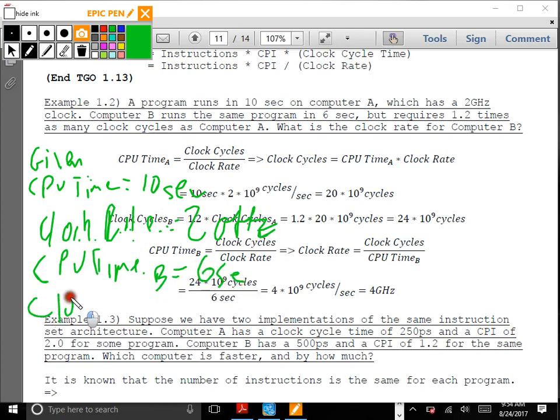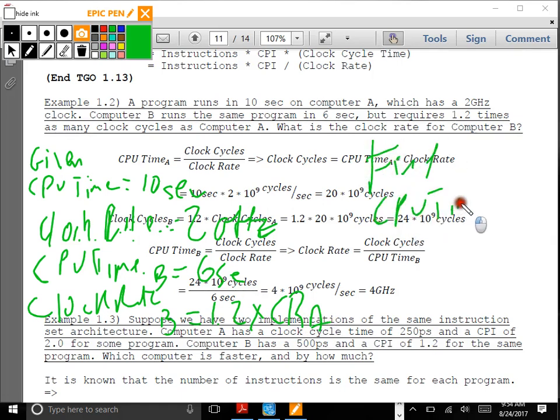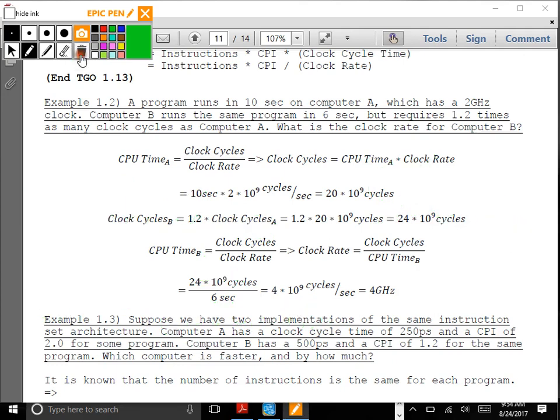And we knew clock rate of B is equal to 1.2 times clock rate of A. So from there, you can actually derive these equations, and then you find CPU time of B. Whenever I took exams back in the day, that's how I would do it. Just lay out the given and find, write them in the units, and then go, oh, hey, this is what will come out. Does this make sense? Is there anything about this that doesn't make sense to anybody?